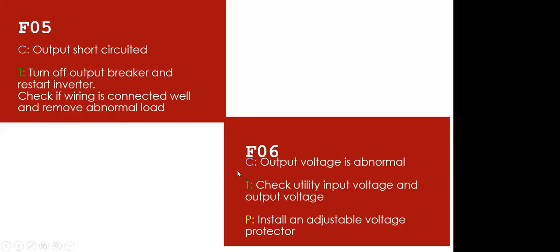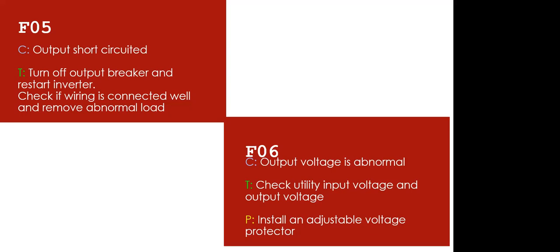So again, we have the F05. This is a critical issue which some people used to encounter on site. The F05 is when the output load, any appliance connected to the inverter, is short circuit.